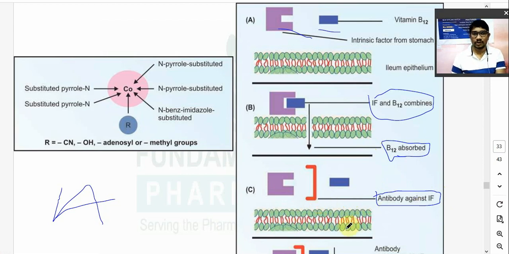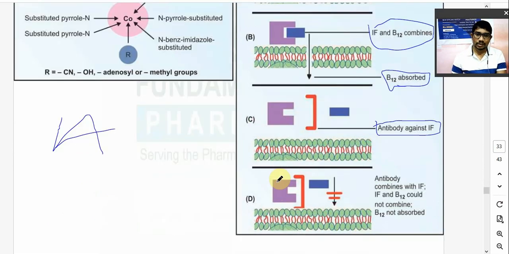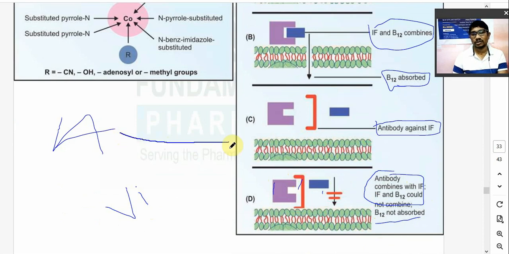So antibody combines with the intrinsic factor and B12 could not combine, and that's why B12 is not absorbed, and vitamin B12 deficiency is there. Vitamin B12 deficiency is also because of poor absorption, or because of the autoimmune disease. Okay, yes or no? Are you getting or not?